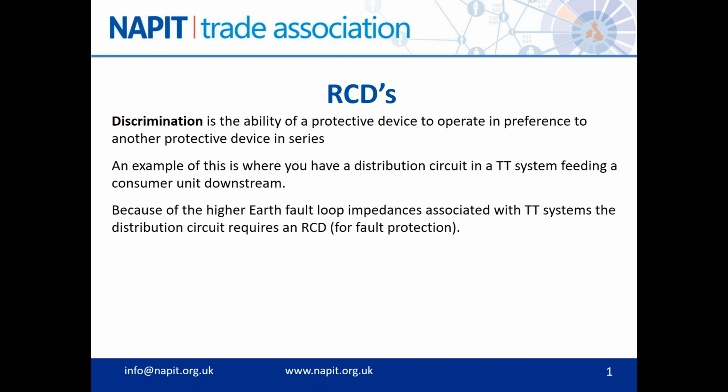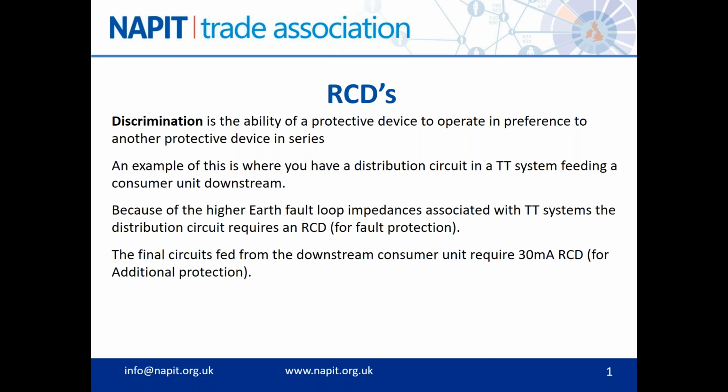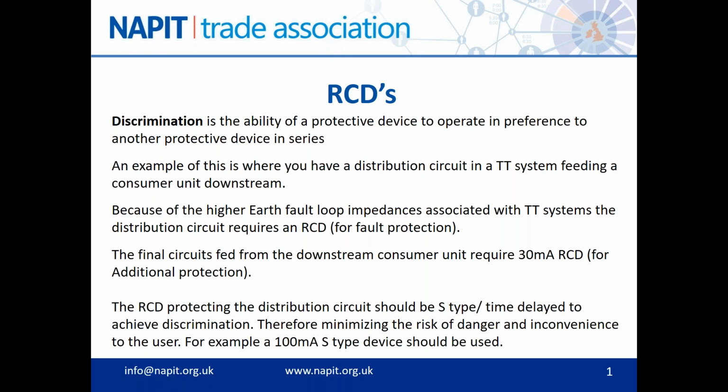Then at the further end we can put our distribution circuits on the TT system onto 30 milliamp RCDs, for additional protection, sockets, lighting, etc. So they blow in the right order, they operate in the right order, because the RCD downstream is S-type and will obviously take a lot longer to operate.